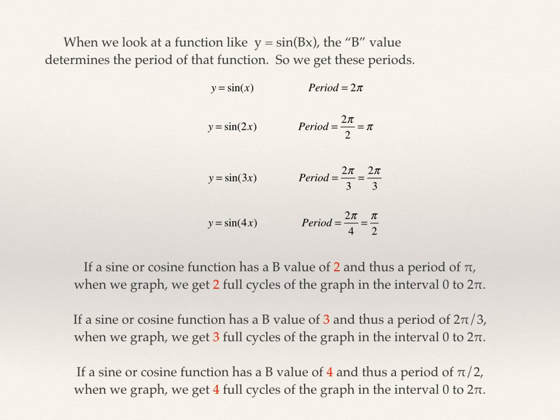And what this shows us is that if the sine or cosine function has a b value of 2 and thus a period of pi, when we graph, we get 2 full cycles of the graph in the interval 0 to 2 pi. And also, if a sine or cosine function has a b value of 3, we get a period of 2 pi over 3. And when we graph, we get 3 full cycles of the graph in that interval. And the same is true with 4, and so on and so on.